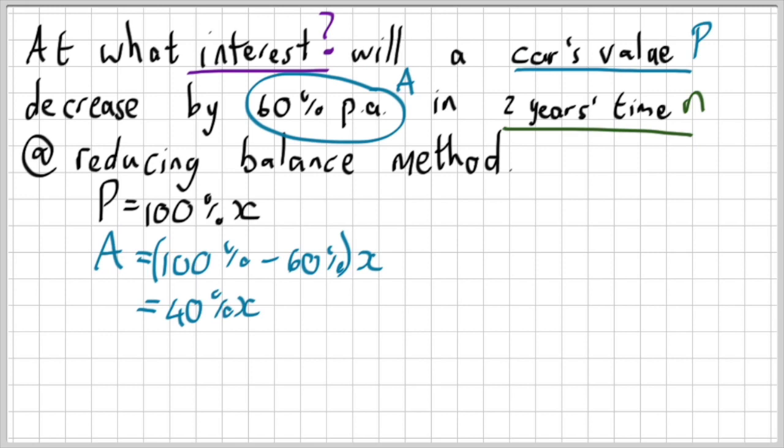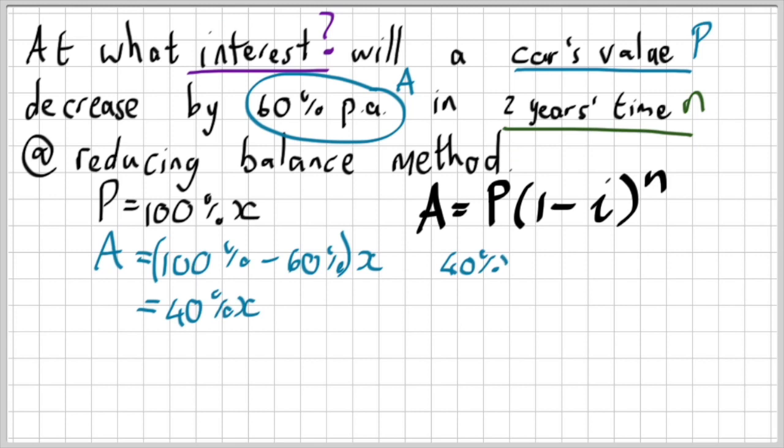So taking the 100%, subtracting 60% from it, gives me my 40% of X. Substituting it into my reducing balance method, I've got 40% as being my A, 100% of X being my P, and the N as being 2.